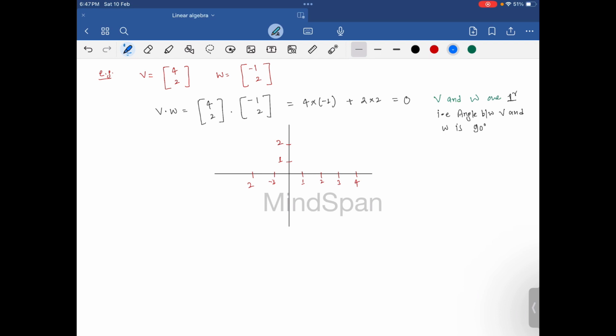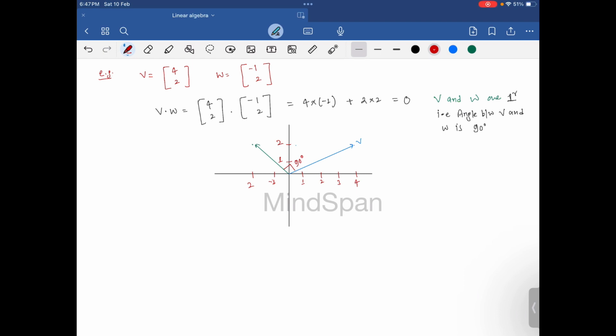So if we draw vector v, it will be somewhere here, and vector w will be somewhere here, and the angle between these two vectors will be 90 degrees.